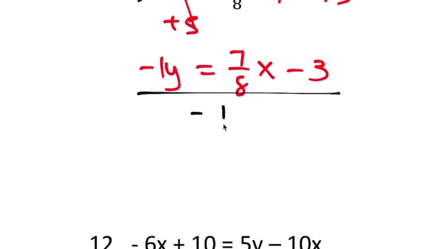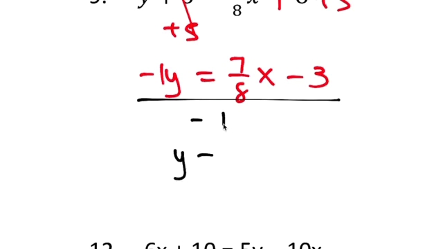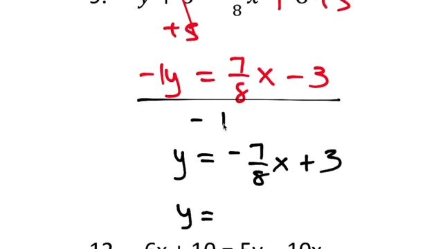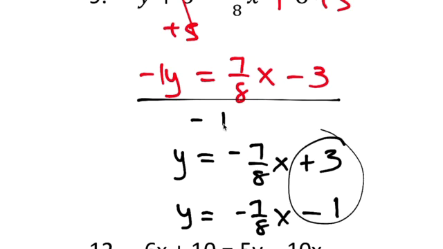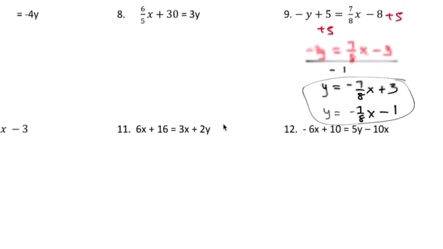That becomes y equals negative 7 over 8x plus 3. Parallel y equals negative 7 over 8x minus 1. As long as that's different. Slope's the same. Okay? Now you finish the rest, and that's it.